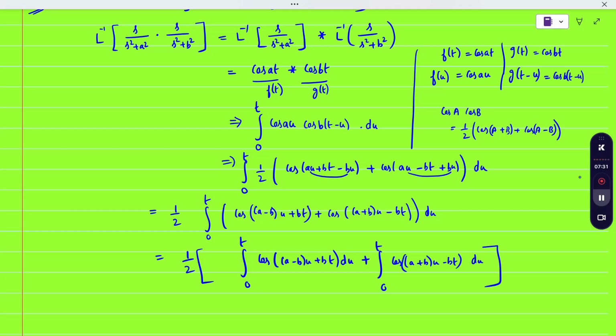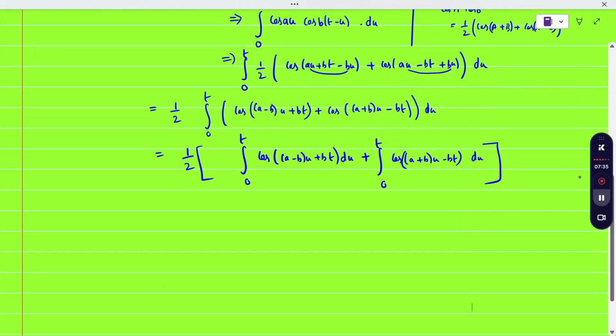Integrate it. Cos integration is sine, divided by the corresponding constant. So 1 by 2, sine of (a minus b)u plus bt, divided by the corresponding constant. Which variable are you integrating with respect to? With respect to the u variable only.